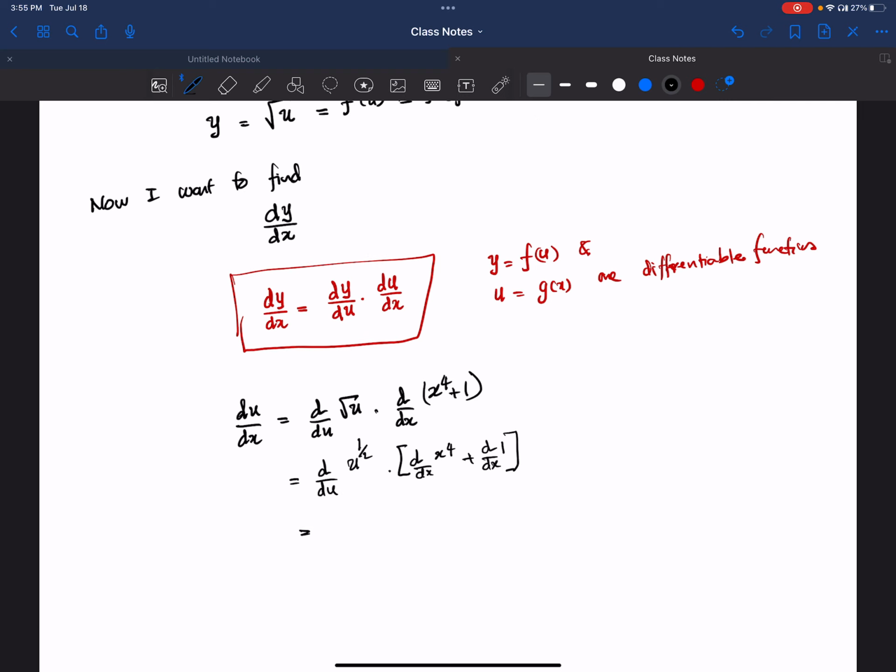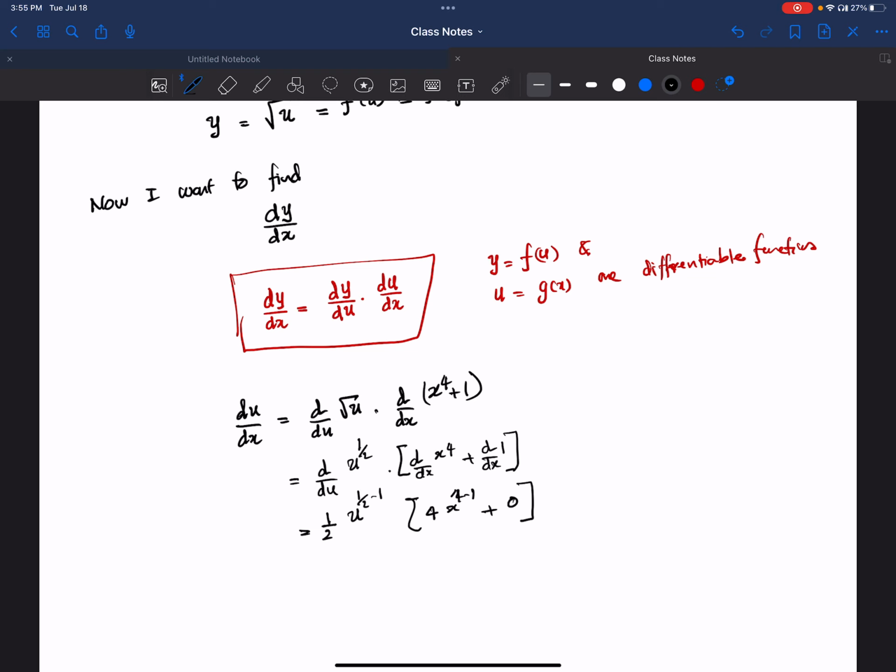So this is n equals half, so it's half n x to the power minus 1, instead of x you have u, half minus 1. This is x to the power 4, that means 4x to the 4 minus 1, plus this is 0, this is a constant.